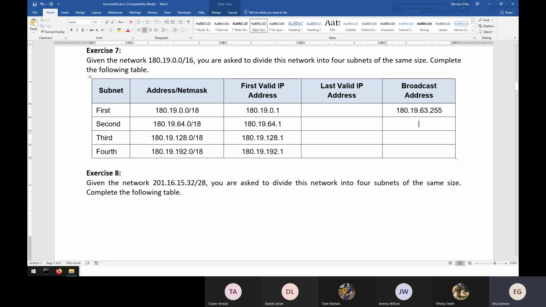So what will be the last IP address of the second network? It will be one IP address before where the third network starts. The third network starts at 180.19.128.0. So the previous network, which is the second network, will end where? Exactly, 127.255.